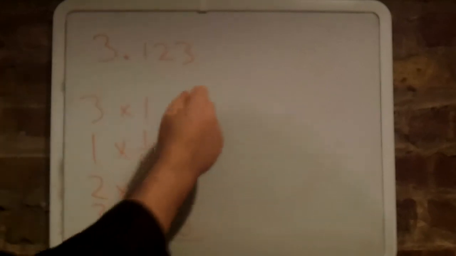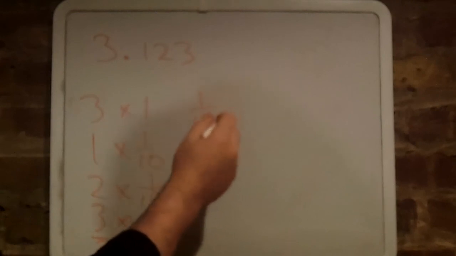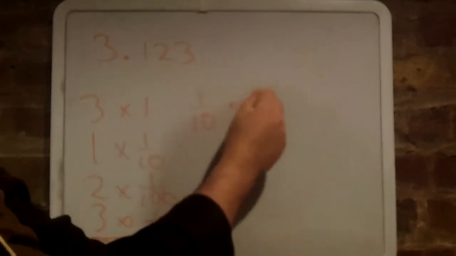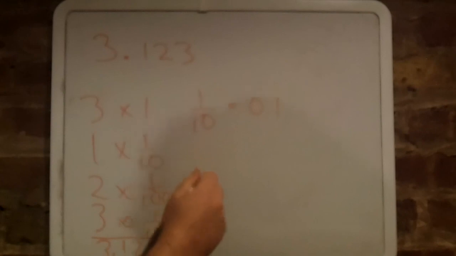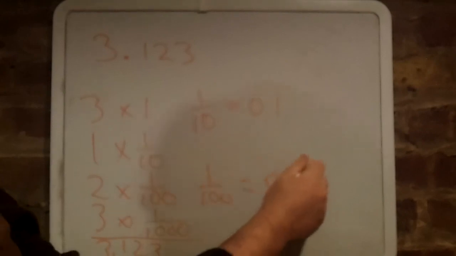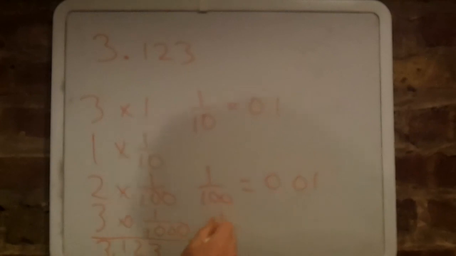And that will come out to 3.123. So another way of writing 1/10 as a decimal would be 0.1. 1/100th would be 0.01, and 1/1,000th would be 0.001.